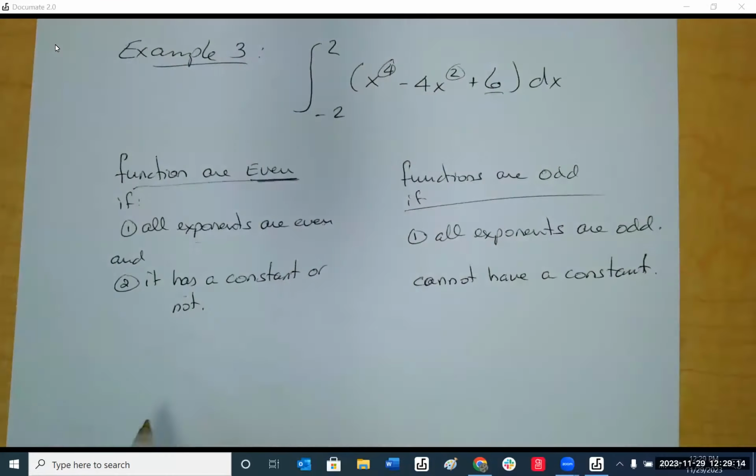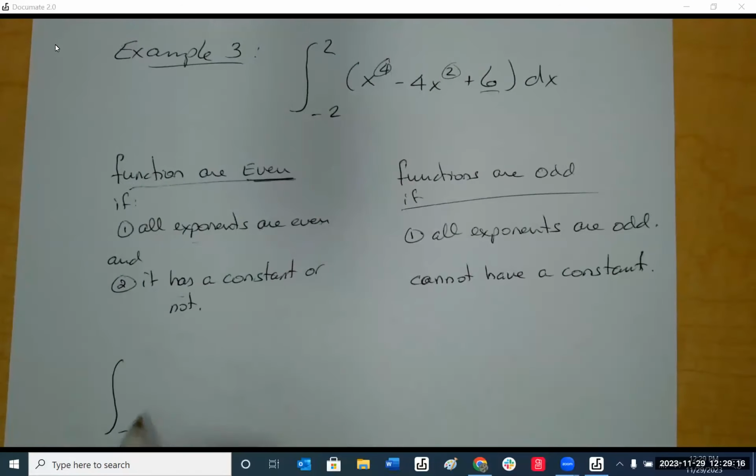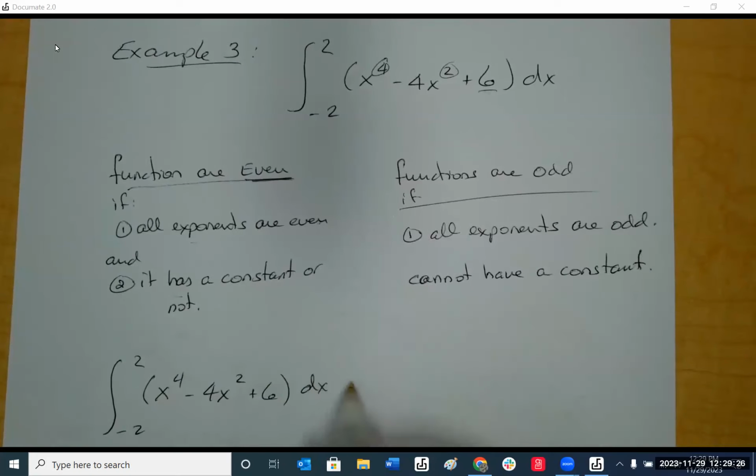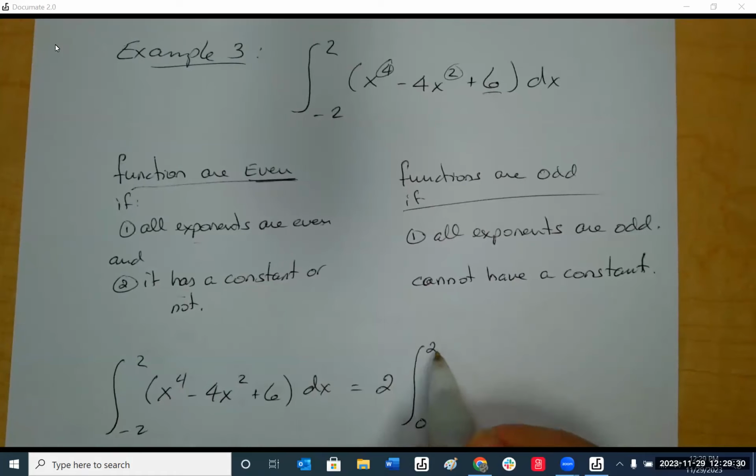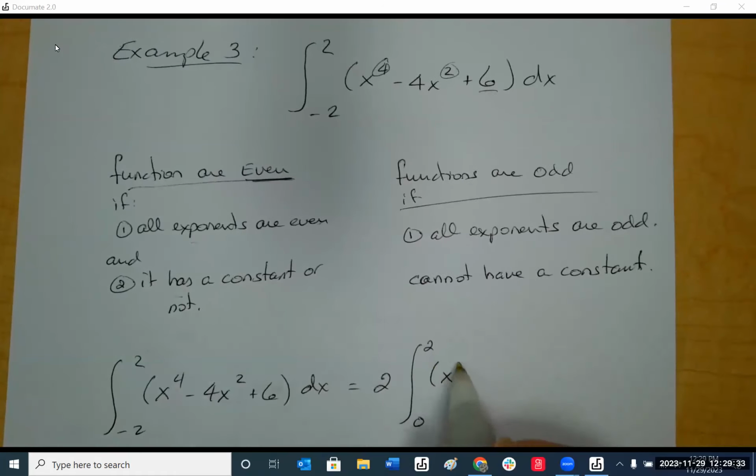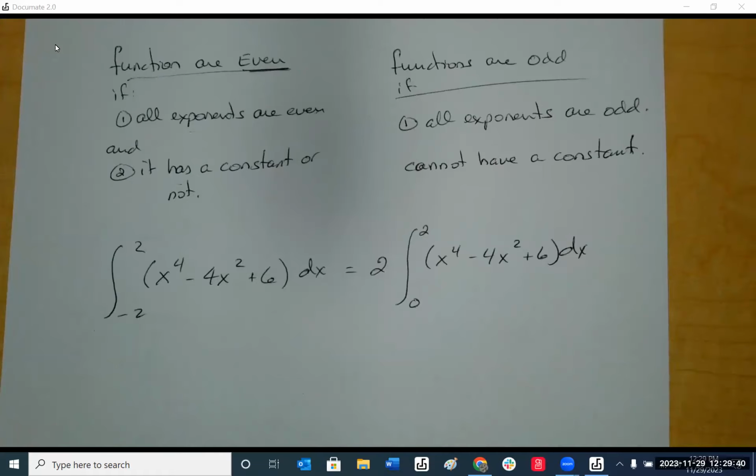So that means we can take our equation and chop it in half, and integrate each of those separately.